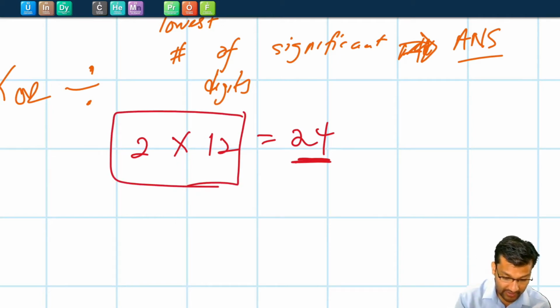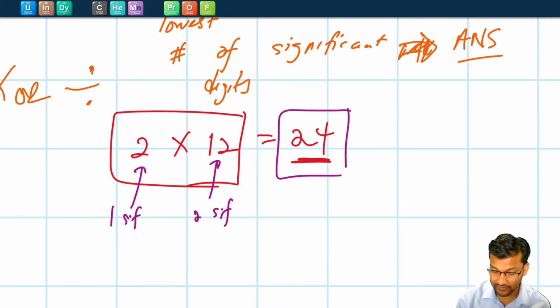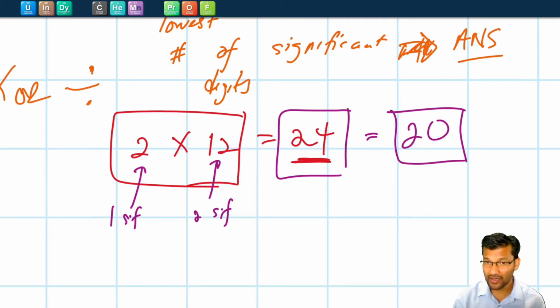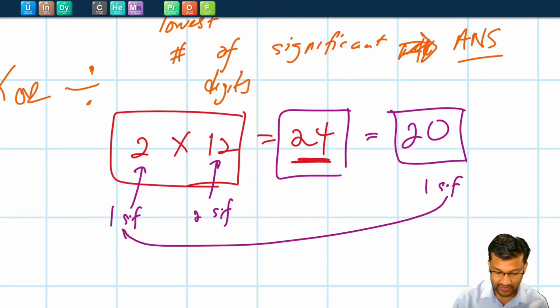So in this example here, this has one significant figure, this has two significant figures. So our answer really should have only one significant figure. So really we should write our answer as 20. This seems weird, but our answer needs to have the lowest number of significant figures.